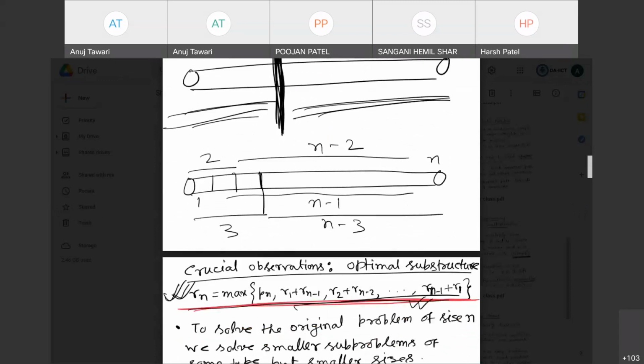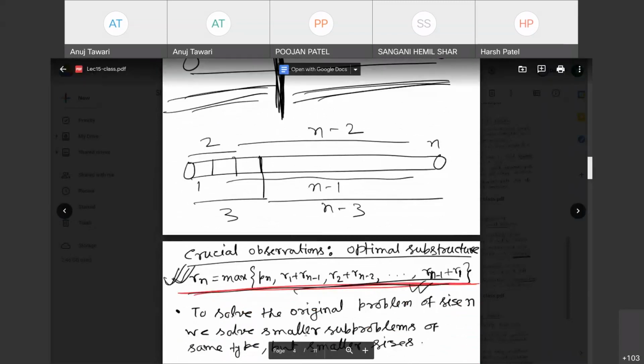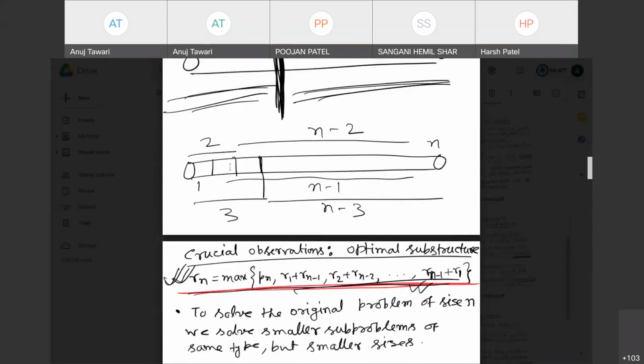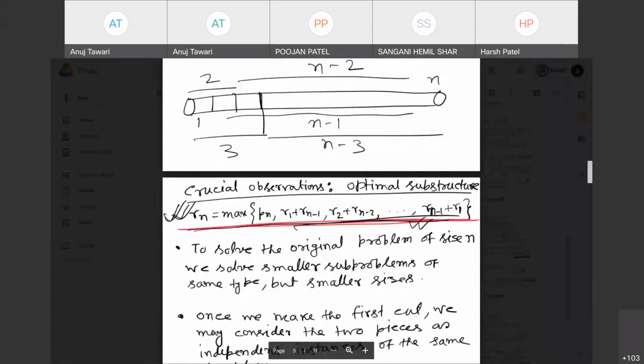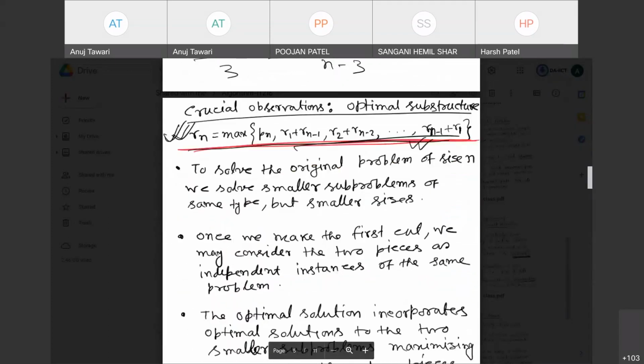So it has this optimal substructure property, that the optimal solution for some small part is always included in the optimal solution for the larger one. So to solve the original problem, we solve smaller subproblems of the same type but smaller sizes.